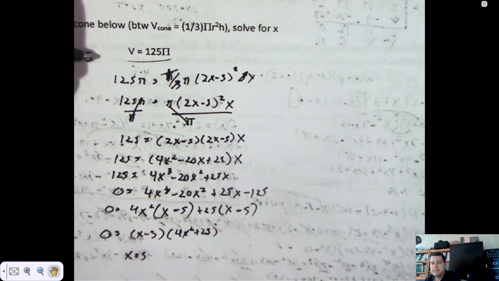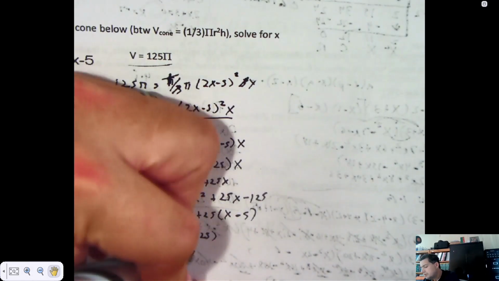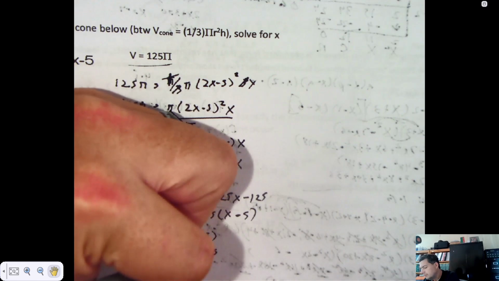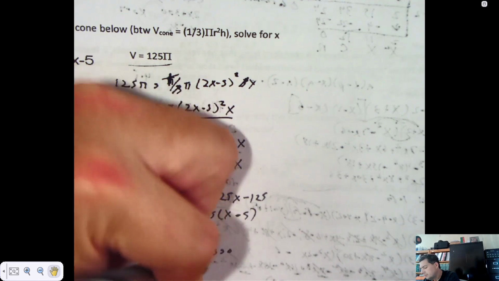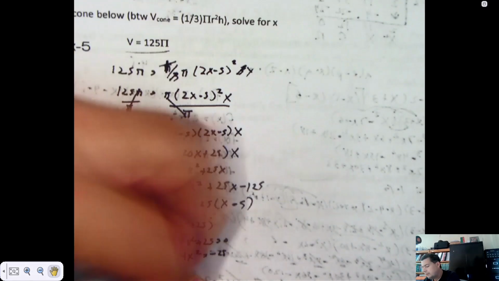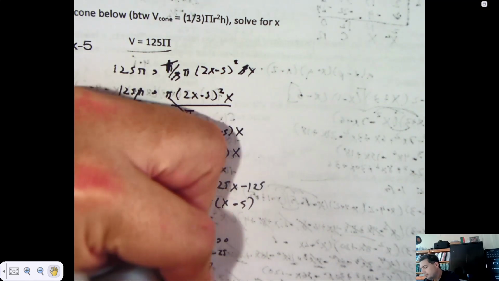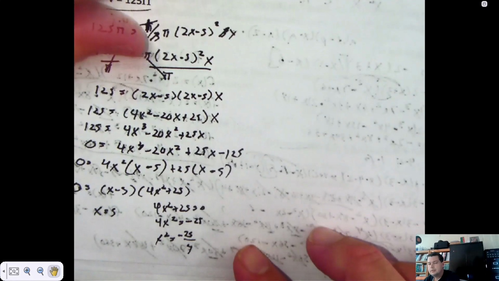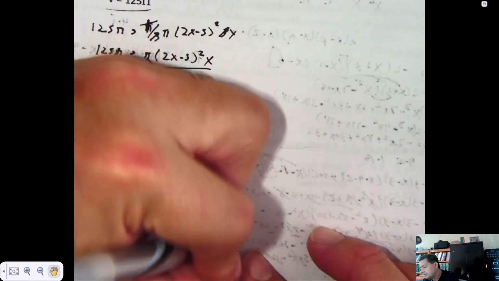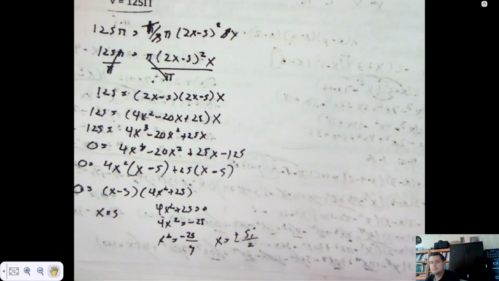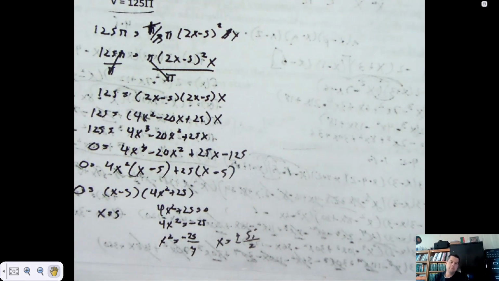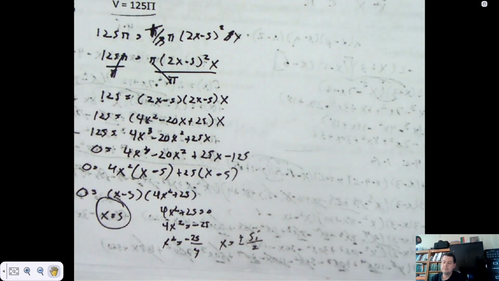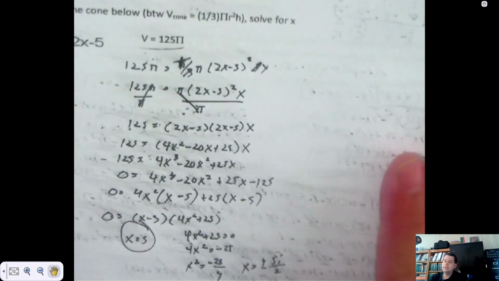I don't have to figure these out, because if I was to do such a thing, I would be dealing with the concept of imaginary numbers. If you're curious, I get plus or minus 5i over 2. You can figure that out on your own. That doesn't matter in the real world. Just this one. So, moving on.